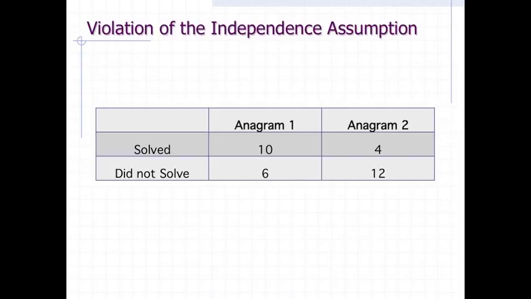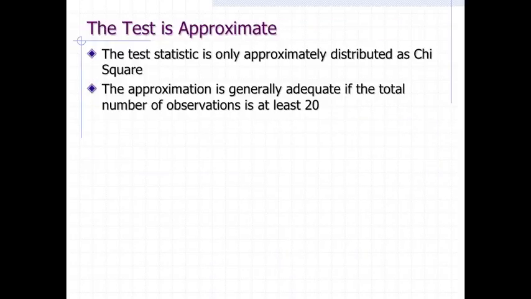The total of the cell frequencies in the table is 32, but the total number of subjects is only 16. The violation of the assumption of independence occurs because a subject who is able to solve anagram 1 is probably more likely to solve anagram 2 than a subject who failed to solve anagram 1.